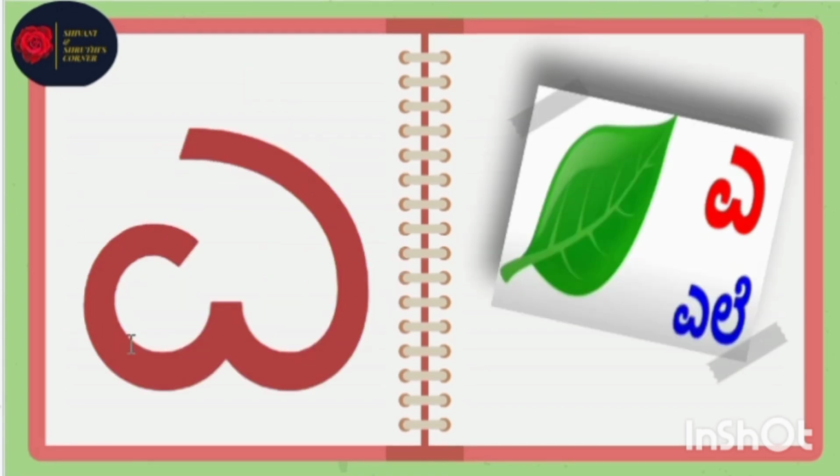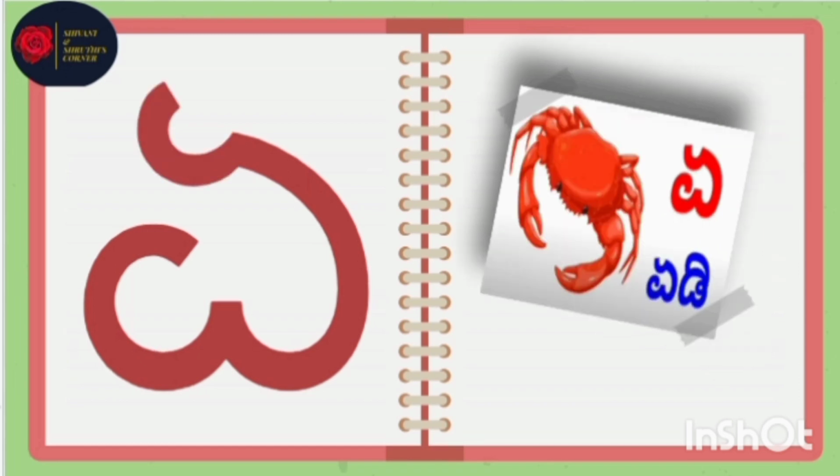E. E is Hrasvaswara, taking very less time to be pronounced. Example is Ele. Ele means leaf. Ae. Aede. Aede stands for crab. Ae. We are stressing more on the pronunciation and the time. So it is taking long time to be pronounced.